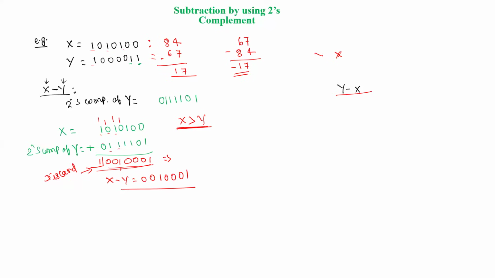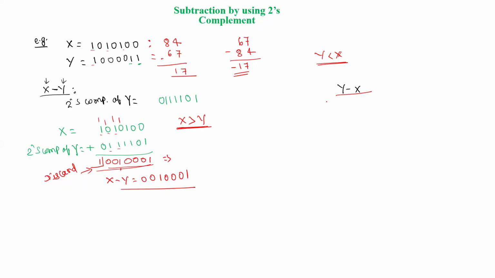So when the minuend is smaller than the subtrahend in this case, then what will happen? The obtained sum is the 2's complement. Then again for that sum, you have to take the 2's complement. Then we have to add the sign.